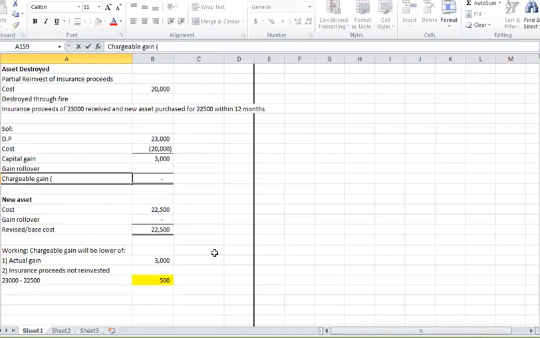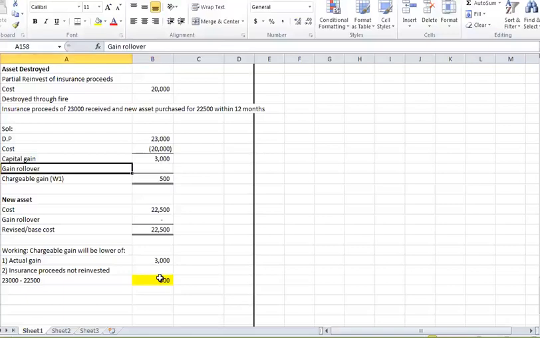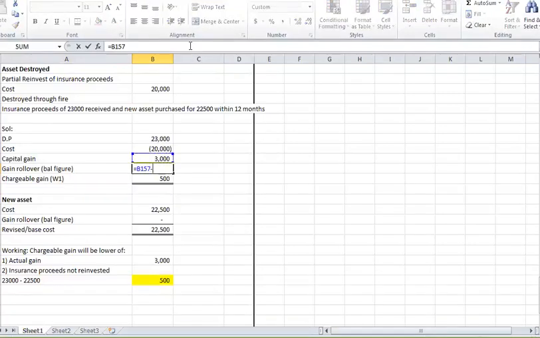So chargeable gain from working 1 is equal to this 500. And the gain rollover, gain deferred, gain delayed will be your balancing amount. So the total gain is 3,000 pounds, minus you have to pay tax on 500 pounds. It means the gain which will be deferred is 2,500 pounds.